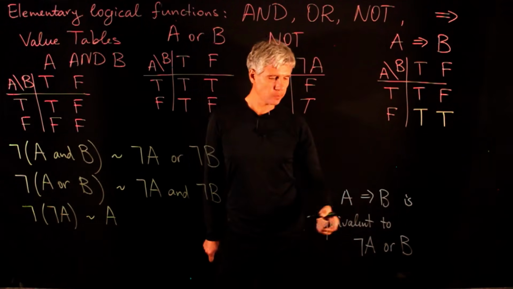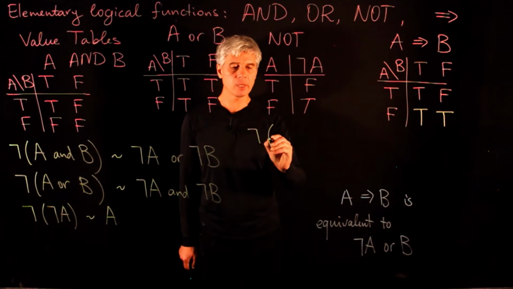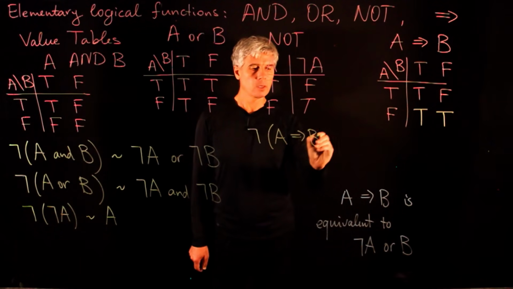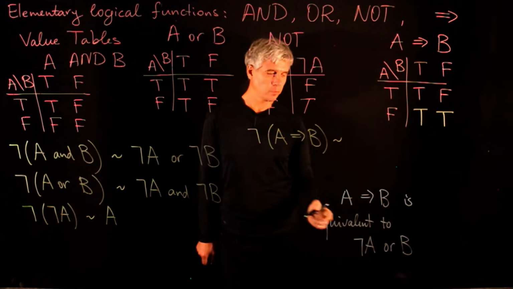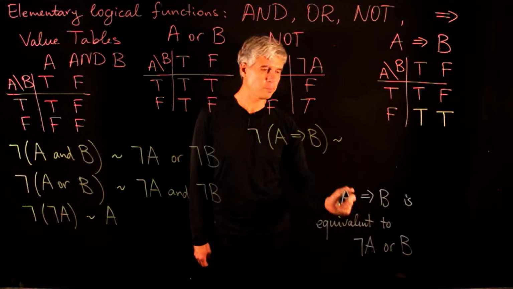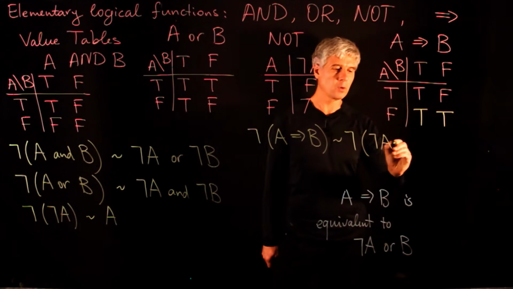And lastly, we can negate the implication. So what does it mean that not (A implies B)? So here we say that A implies B is equivalent to not A or B. So this is not (not A or B).